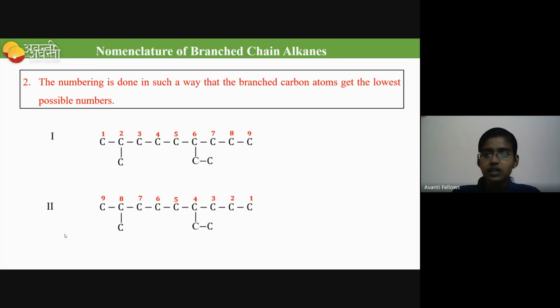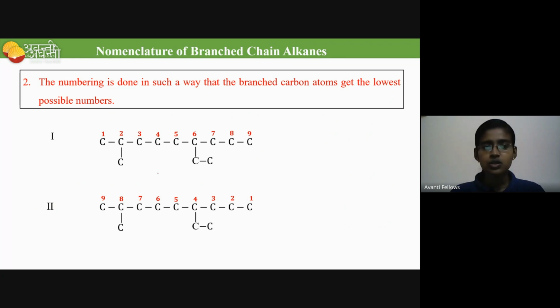So we have numbered the chain. Now how to number them? From left to right or right to left? For that, we have to look into the branches. The compound is the same which I showed you on the previous slide. Only carbons are shown here. Hydrogens are not shown.